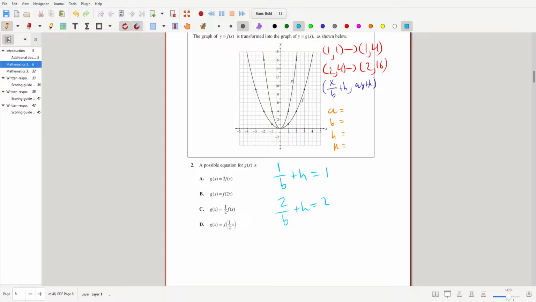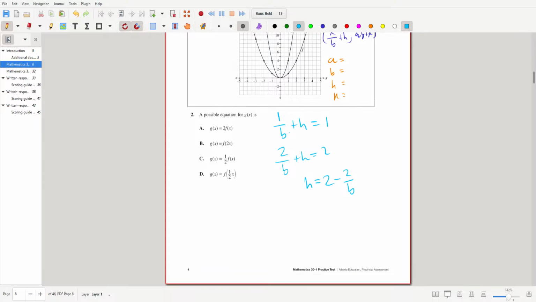Now I'm going to solve for h. So h equals 2 minus 2b. I am going to put this into here, because h equals this. So 1b plus 2 minus 2b equals 1.